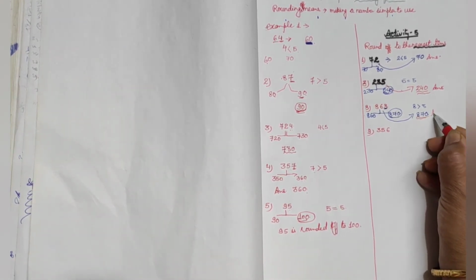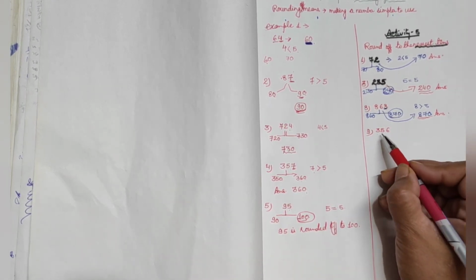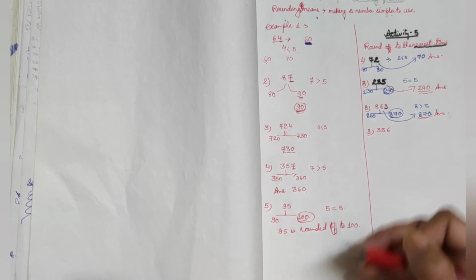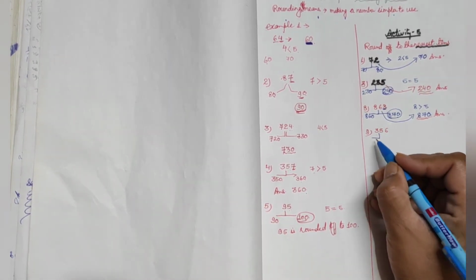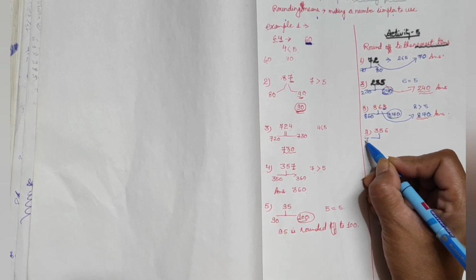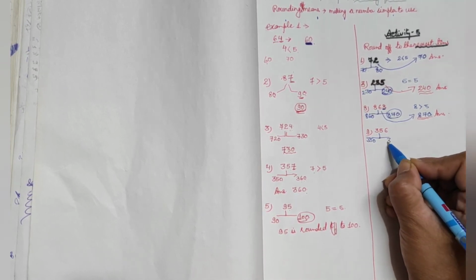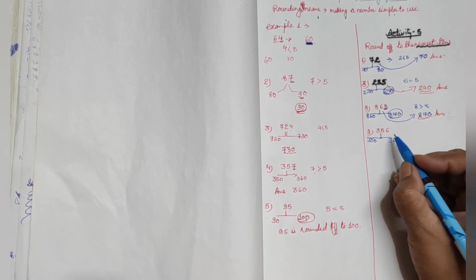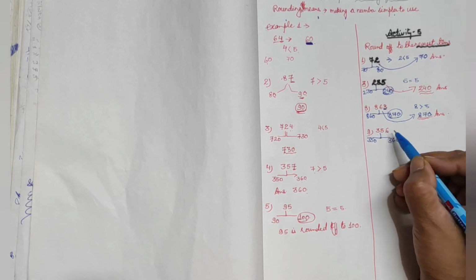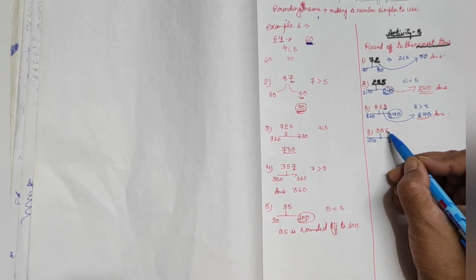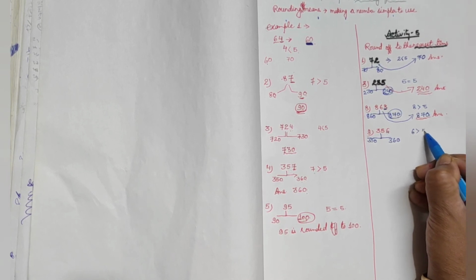This is the answer. In next, 356, the lower number is 350 and the upper number is 360. If we check the ones place digit, here the ones place digit is 6, which is greater than 5.